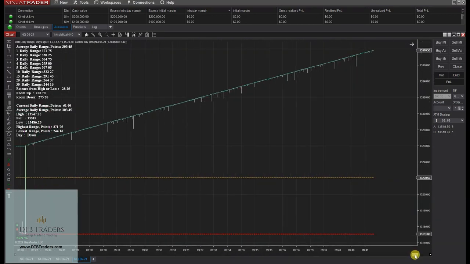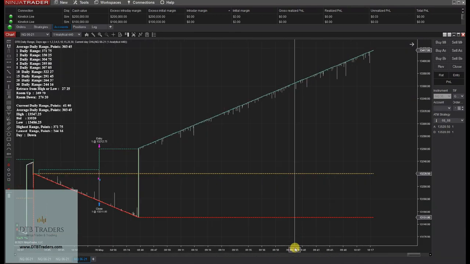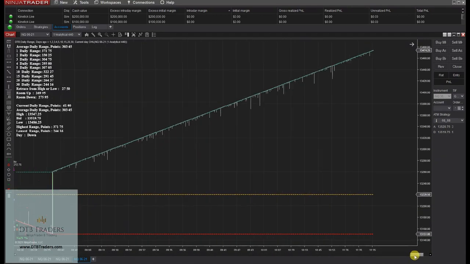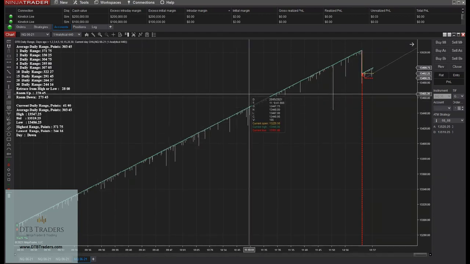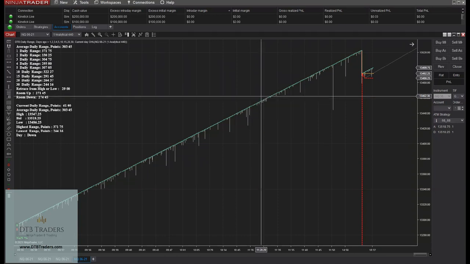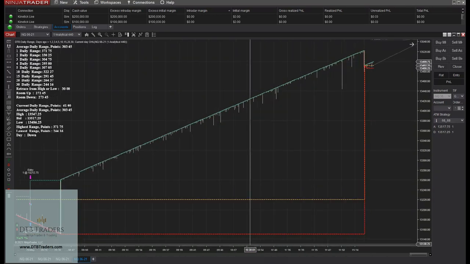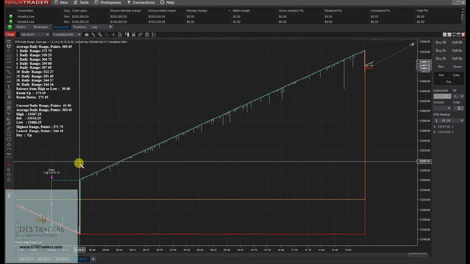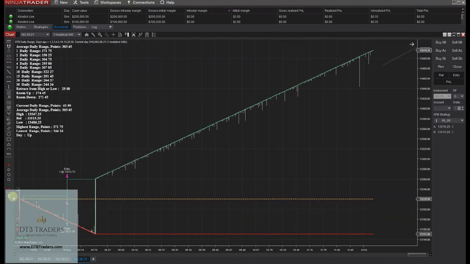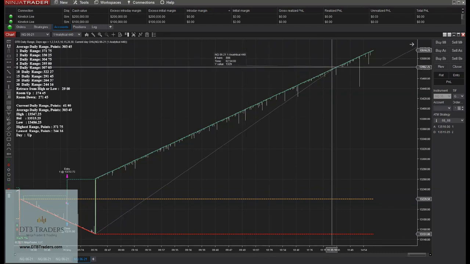So the good thing about this too is late in the US session, even at 10, 11 o'clock in the morning, the price has already risen up from the low to the high.